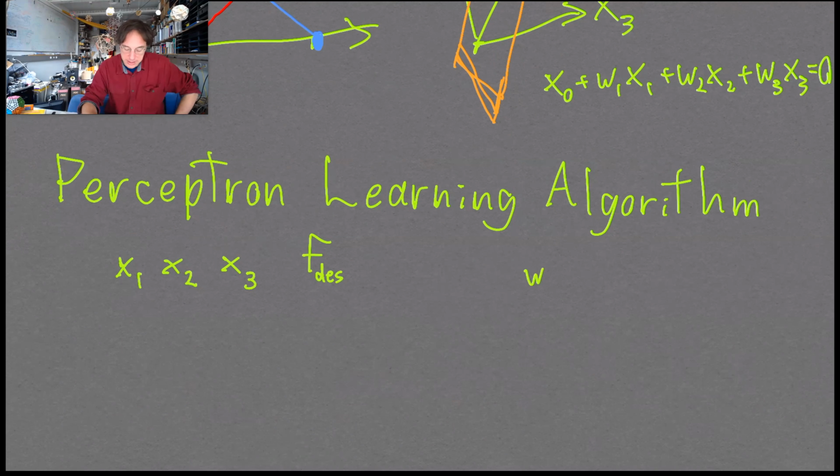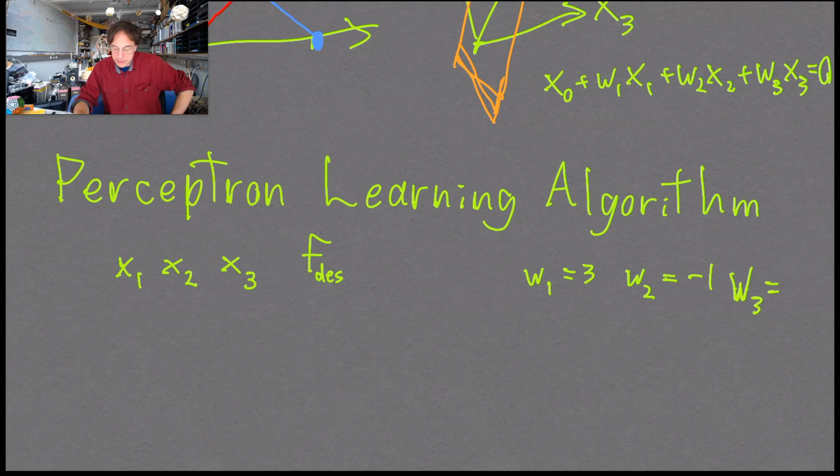Let's guess that weight 1 equals 3 and weight 2 is inhibitory, and weight 3 equals 1. We could have a bias. These probably aren't very good weights. It looks like because of the bias, the sum is always going to be positive, even if this little inhibitory contribution comes. So these aren't good weights, but it doesn't matter. We can start with any weights at all.